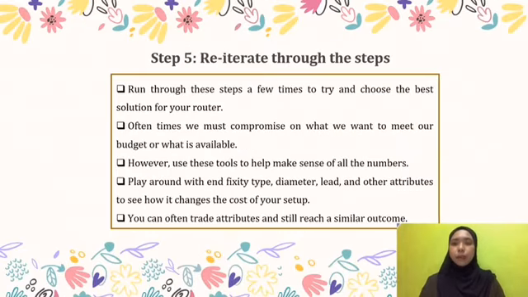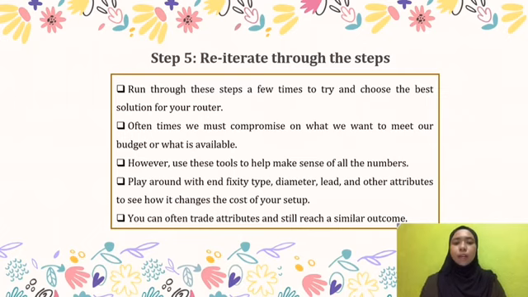Step 5. Reiterate through the steps. First, run through these steps a few times to try and choose the best solution for your project. Second, oftentimes we must compromise on what we want to meet our budget or what is available.